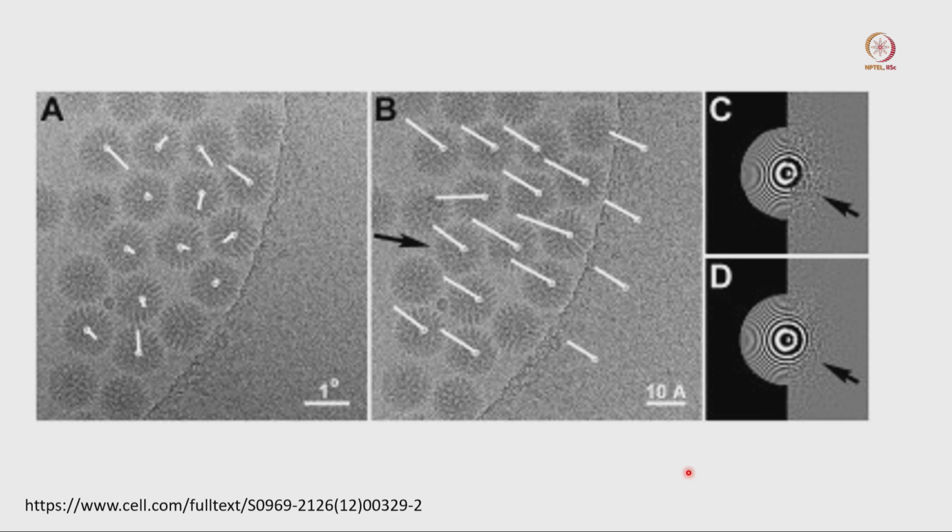As I mentioned, if you are just targeting a bacteria or a virus, even if we do not do the motion correction, it is not going to change too many things.